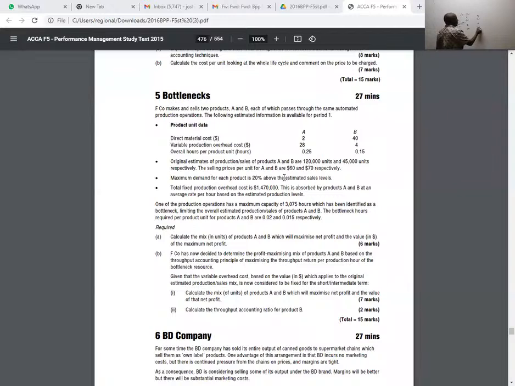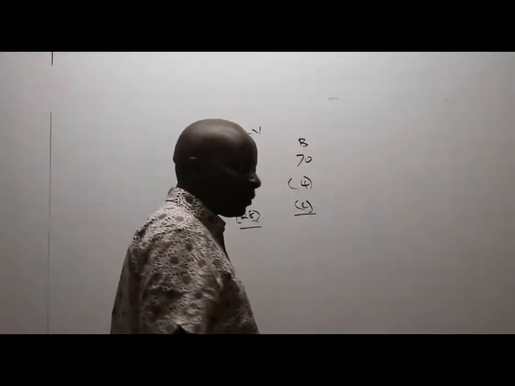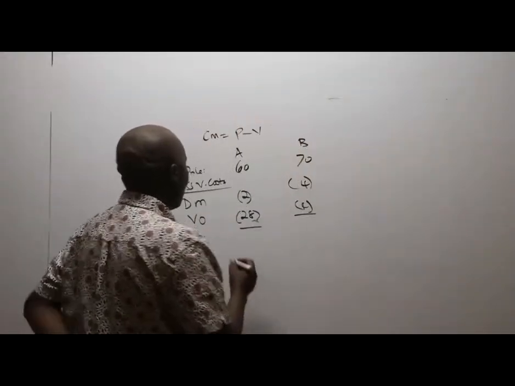So I'll come and subtract this for sure to be able to get the contribution per unit. Is there somebody who has this contribution per unit here very fast? What do we have for A?